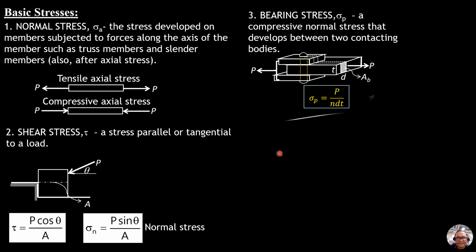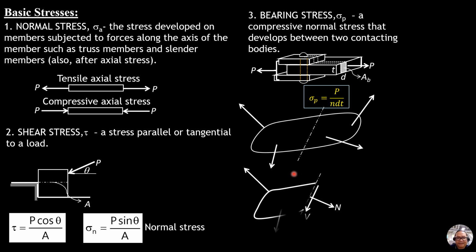Then if we have a body subjected to these forces and we reveal a section, on that section act the internal force systems, which consist of the normal force, the shear force, and the bending moment.